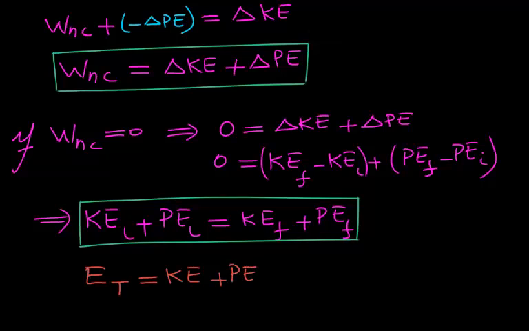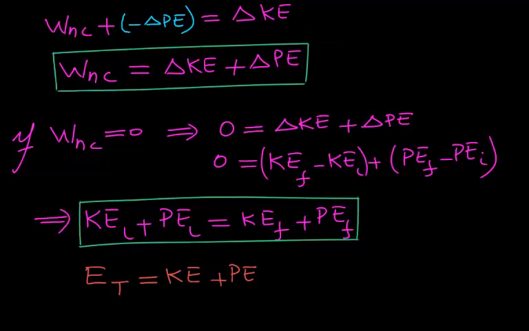Examples of this particular situation where the work done by non-conservative forces equals 0 is when you throw an object in the air. That's a good example. When you throw an object in the air, the only force that acts on the object is the mg. And we know that the mg is a conservative force, which means there are no non-conservative forces acting on the system. If there are no non-conservative forces acting on my system, it means the work done by those forces must be equal to 0.